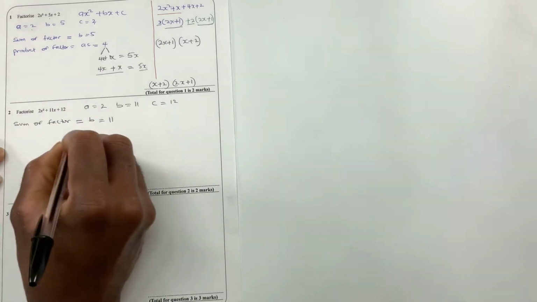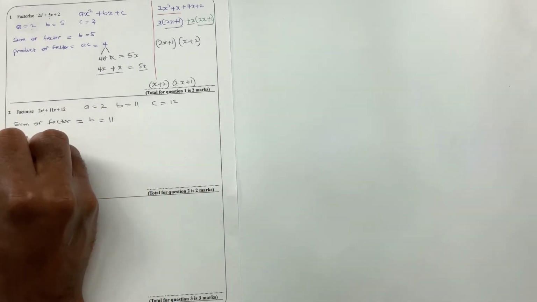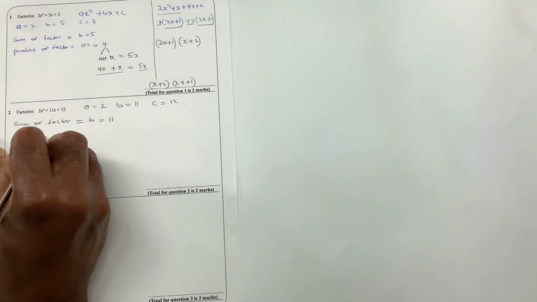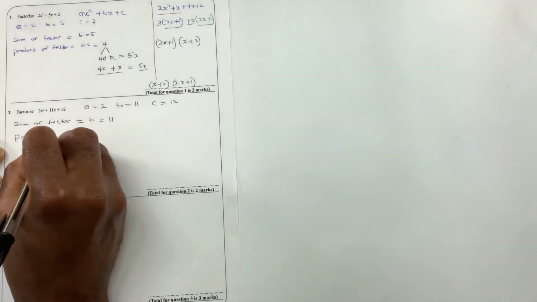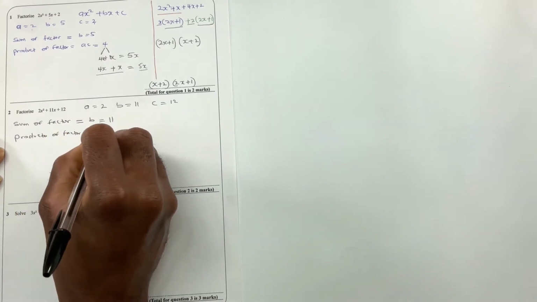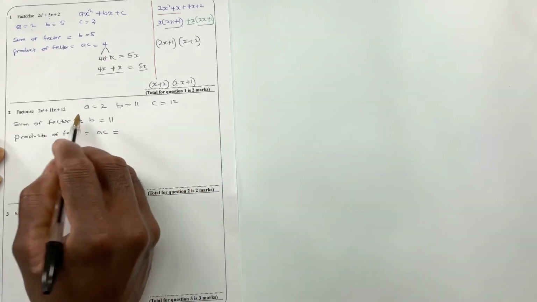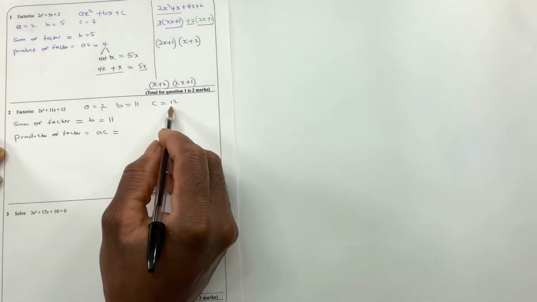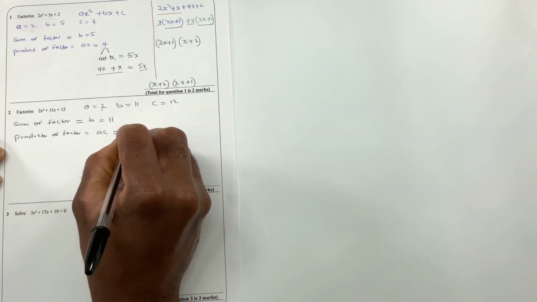Then we say the product of factors has to be equal to ac, and that equals 2 times 12, and that's 24.